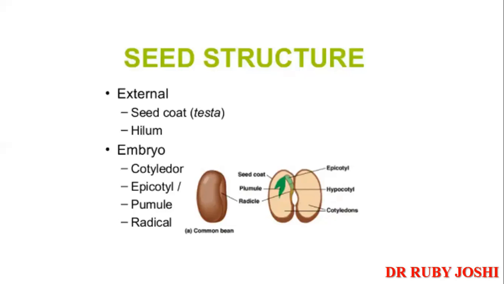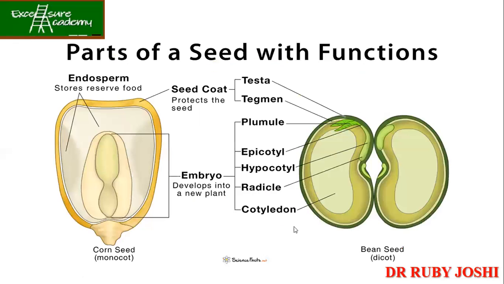Epicotyle is the stem of the newly formed plant, and then there is a plumule. Plumule is the first leaf of the plant, and the radicle. Radicle is the part from where the seed starts. Yes, good.